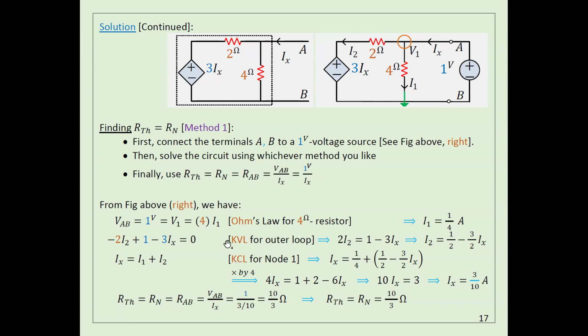One way, I did Kirchhoff voltage law for the outer loop. So for this loop here, the outer loop, to find I2. This is one way, okay? I can also take this loop here, which I think can help you as well.